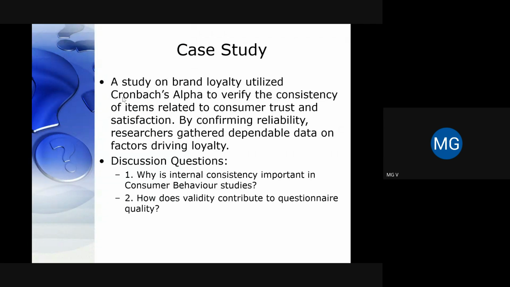A study on brand loyalty utilized Cronbach's alpha to verify the consistency of items related to consumer trust and satisfaction. By confirming reliability, researchers gathered dependable data on factors driving loyalty. So the question arises, why is internal consistency important in consumer behavior related studies?